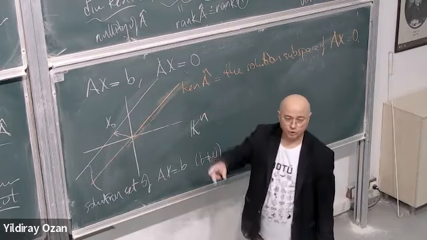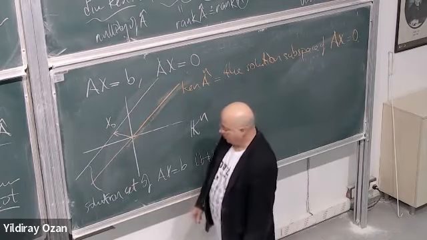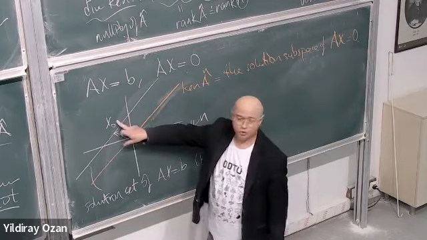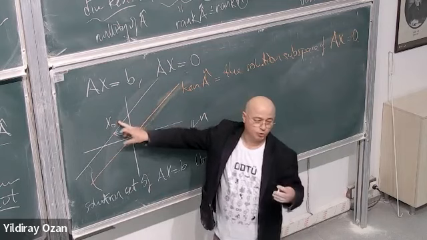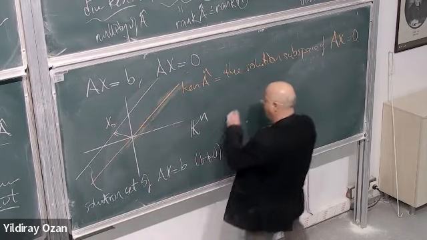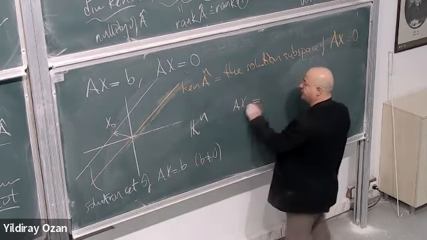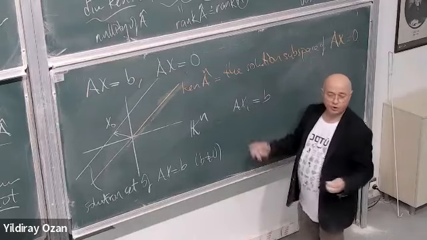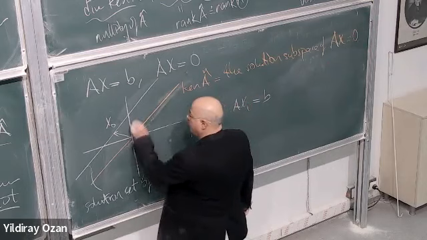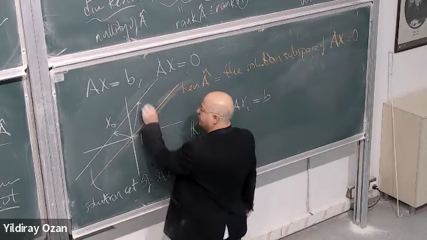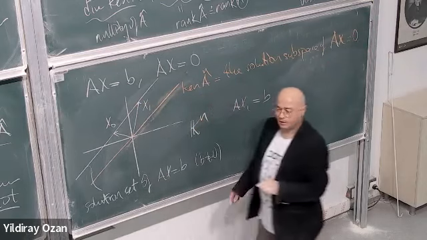And our proof showed the following. You may use a different x0, not this x0. You may choose some other solution, right? Some other solution, let's say x1. So you may get another vector. That vector will be something like this. Okay.